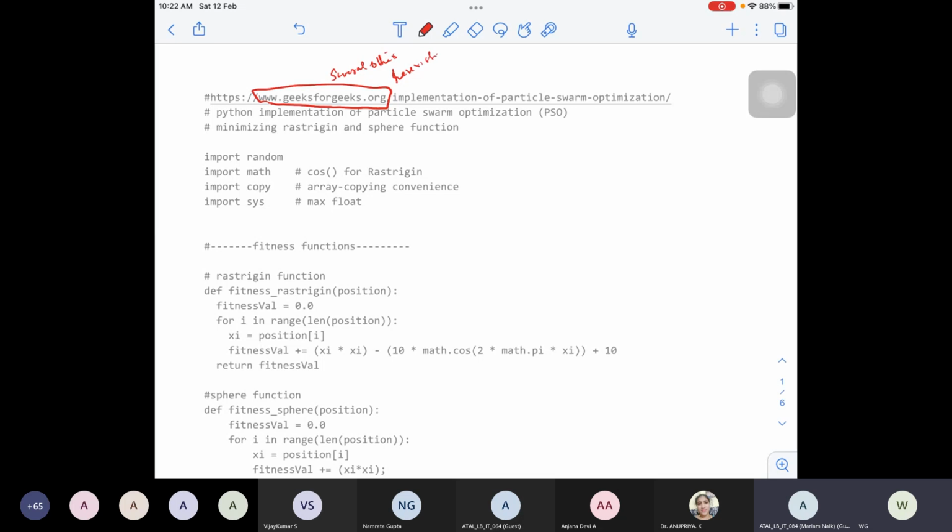You can check out this particular site, and along with them, their implementations have also been given there, right? You can check this particular site to get more information.